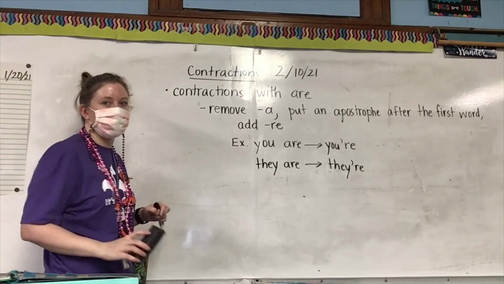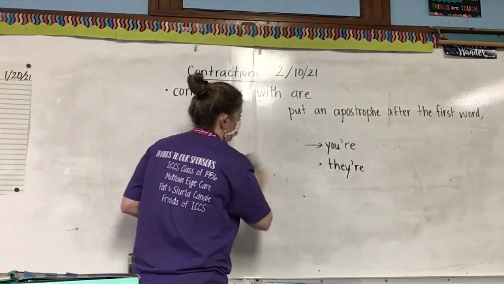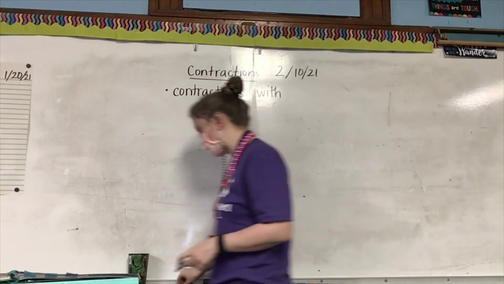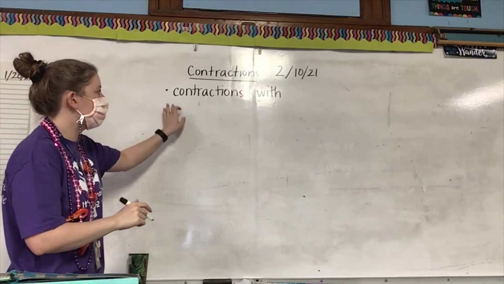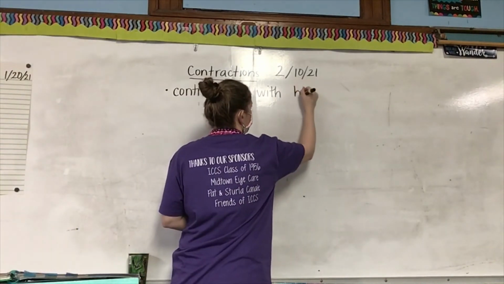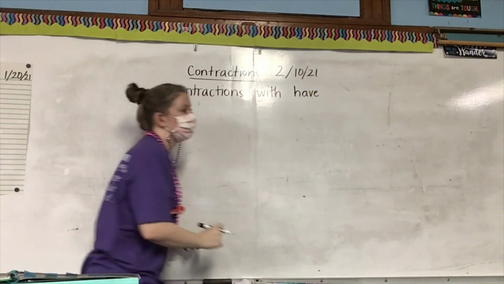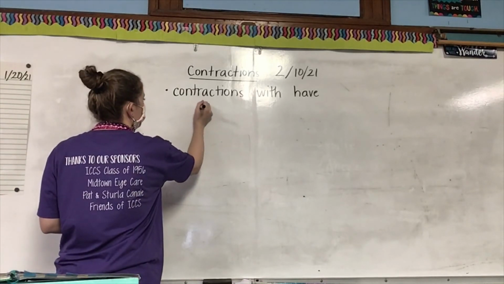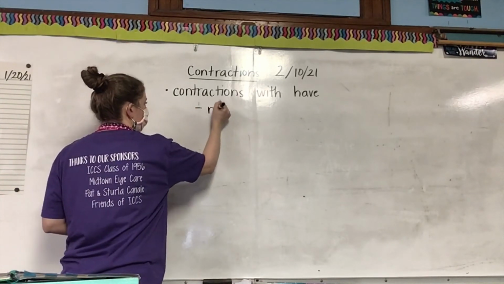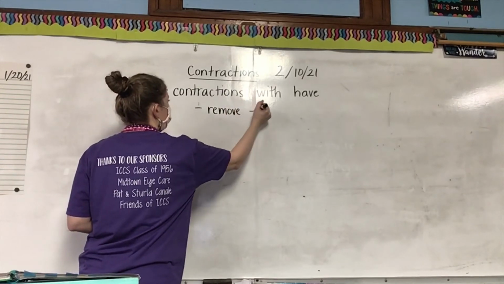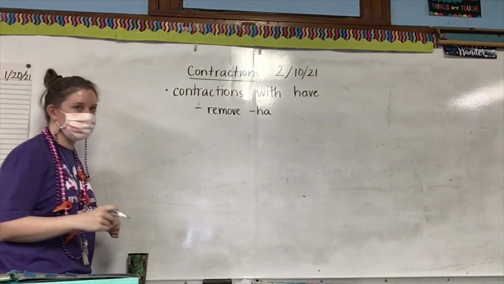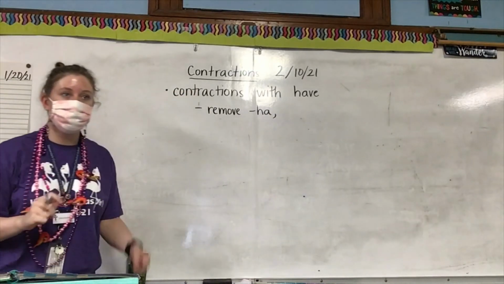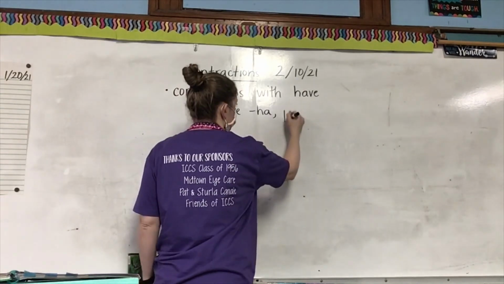Okay, next, what are we going to do? We have one more word to talk about, how to make contractions with it. And it is contractions with have. First, remove the letters HA. Remove the letters HA, just like everything except for not.